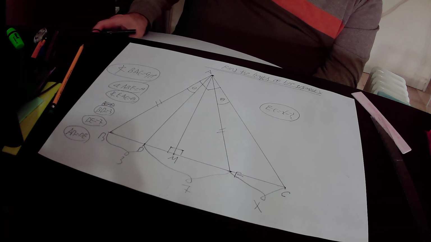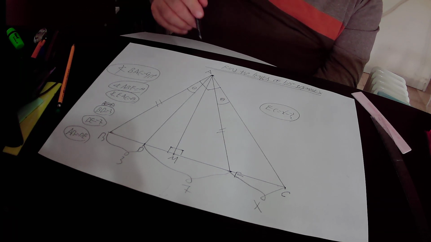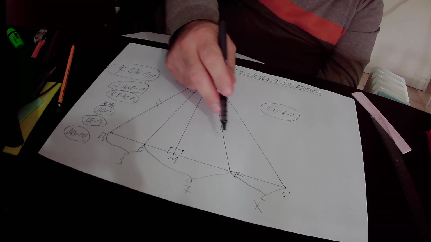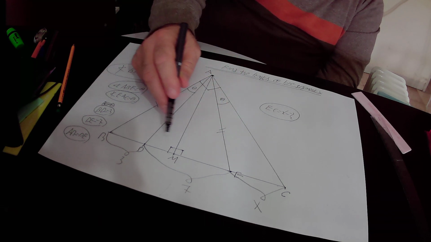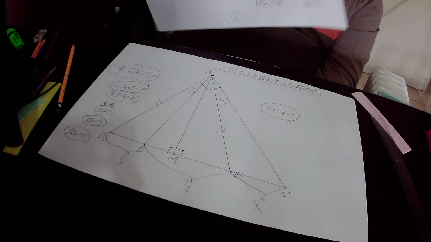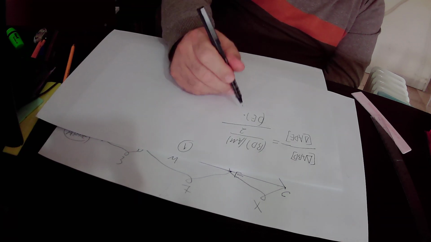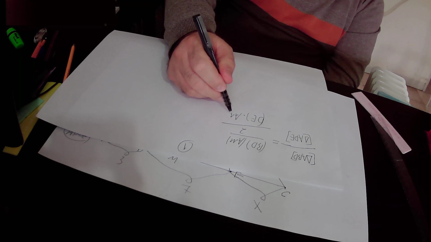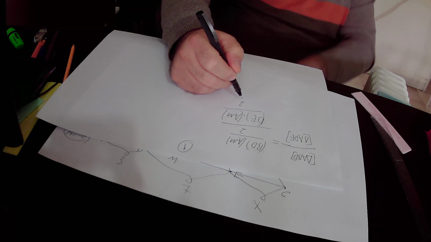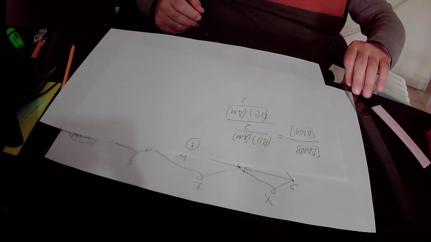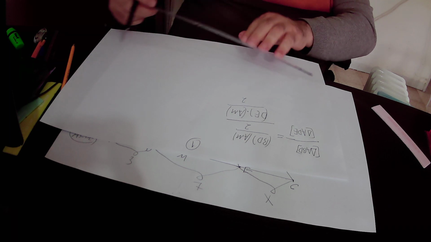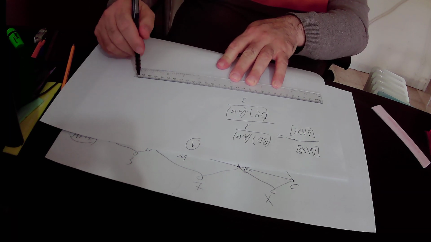And the height to the base is actually AM, because AM creates 90 degrees with the base DE, therefore the height is AM, over 2. So here we have 2 in the numerator and 2 in the denominator, so 2 will get cancelled.